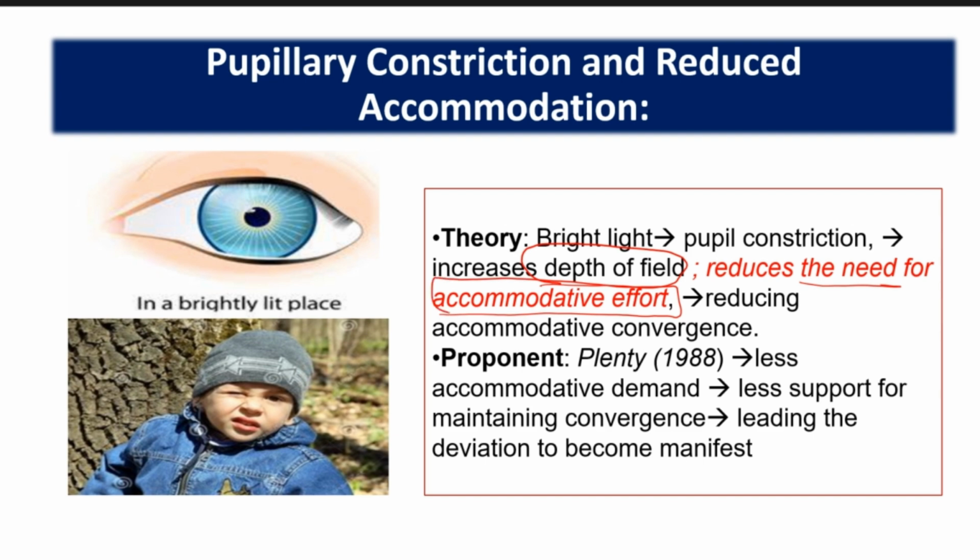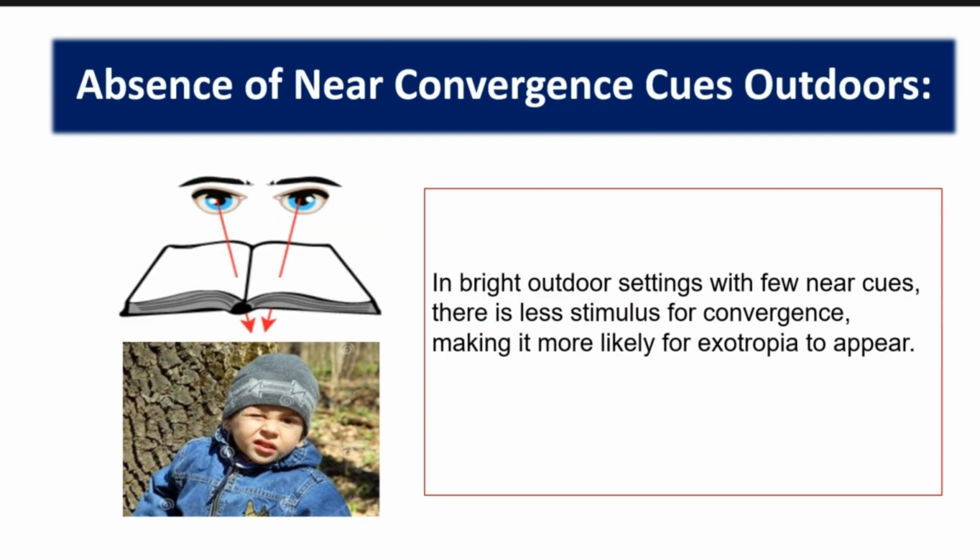If the need for accommodative effort goes down, there will also be a reduction in accommodative convergence, and it is actually the accommodative convergence which helps to bring the eyes closer or inside. If accommodative convergence fails, obviously the eyes are going to diverge, exotropia is going to become manifest, and the patient is going to suffer with diplopia, and therefore to avoid that, he's going to again try to close one eye. Right? So that was the theory of pupillary constriction and monocular eye closure.